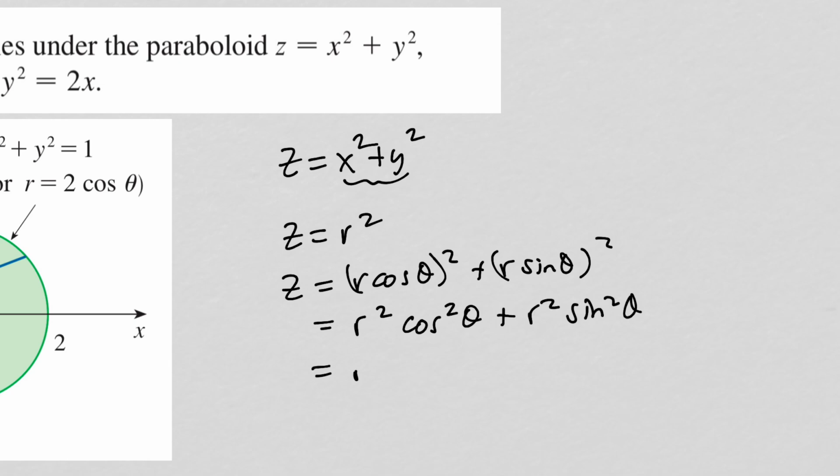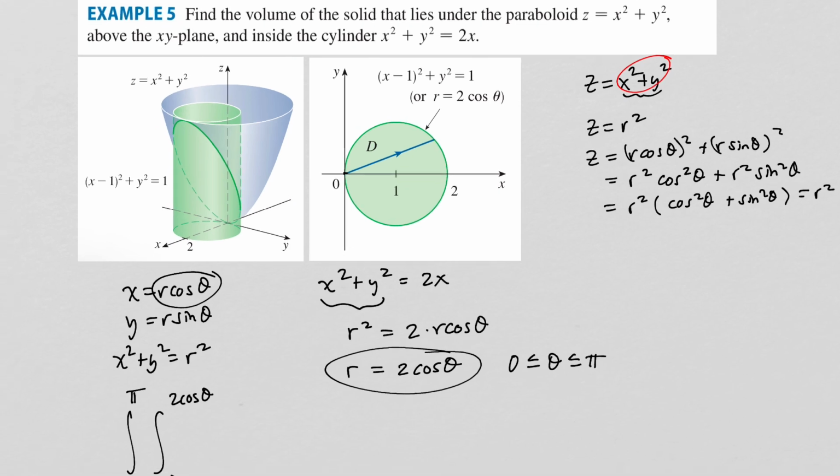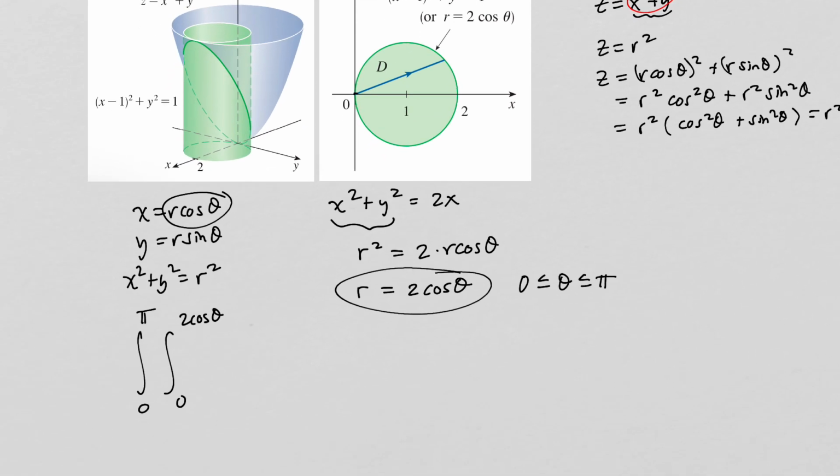And if you factor out the r squared, you end up getting cos squared plus sine squared, which is 1. And of course, this is equal to r squared. But it's much easier just to recognize x squared plus y squared is r squared. So the function is going to be r squared and then times r dr d theta.